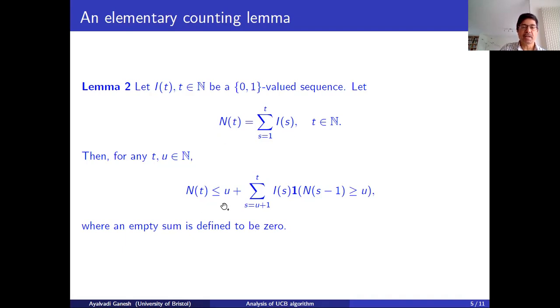Pick a value of t, pick a value of u, do the calculations nt for t equals 1 through 20, and calculate the right-hand side also for t equals 1 through 20 and see if the inequality holds at each time step. Okay, so working through that example should hopefully convince you what's going on here.